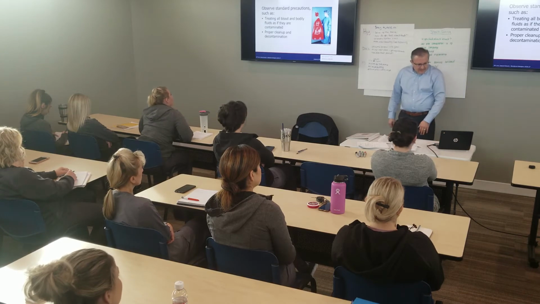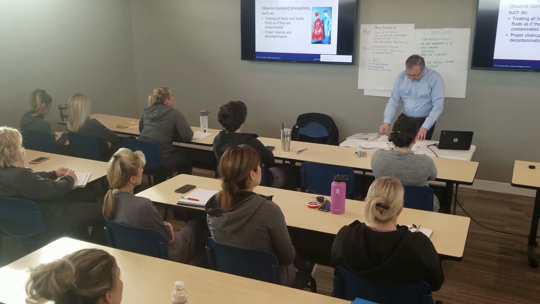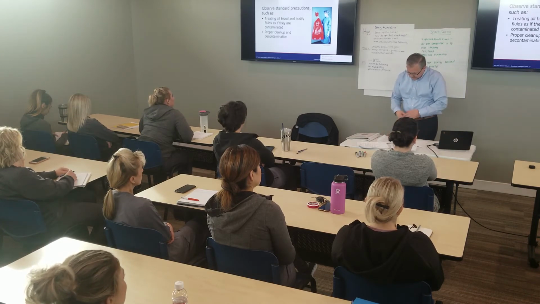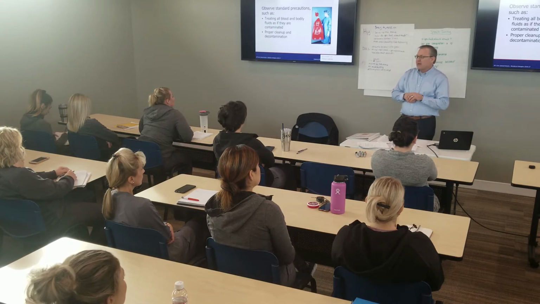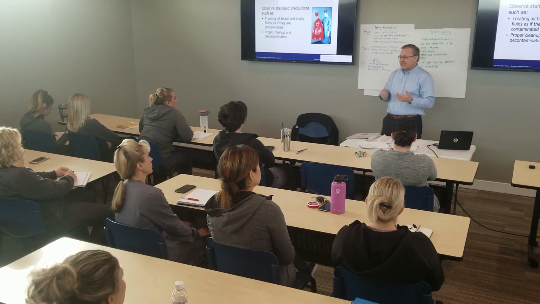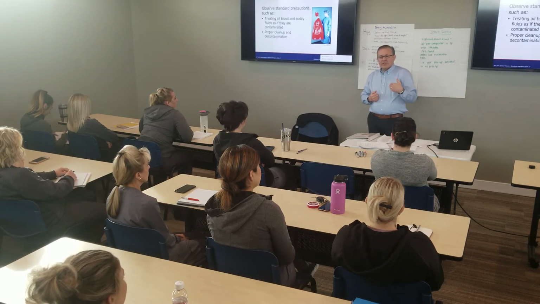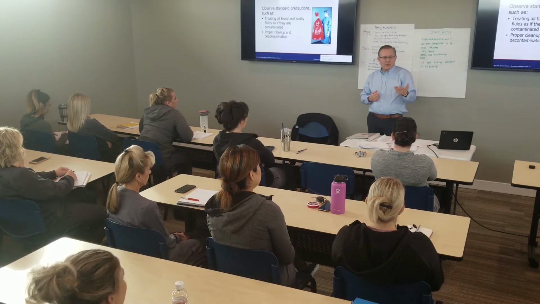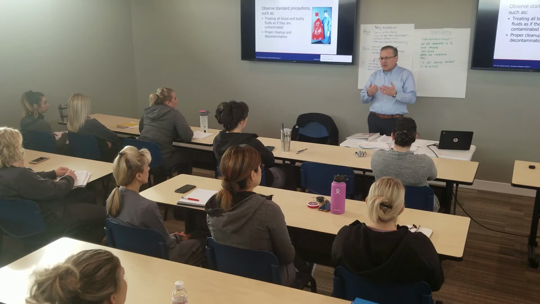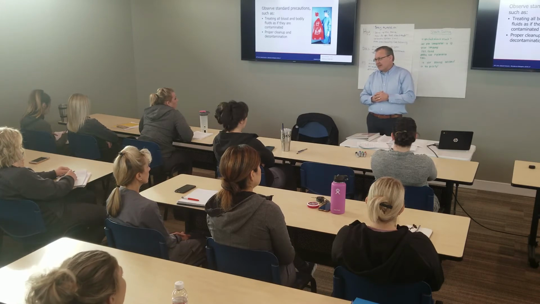So one of the first things that we can do is to make sure that we are taking universal precautions. That's the way I learned it. The term that I used was universal precautions, which essentially means that when a person walks through our door, no matter who they are, we treat every person as if they are potentially infectious.